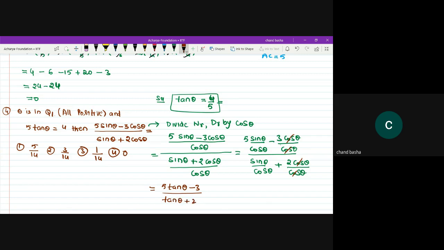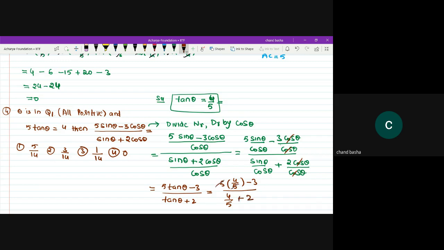You can have the value of tan theta, guys. 5 into tan theta value 4 divided by 5 minus 3, divided by tan theta value 4 by 5 plus 2.